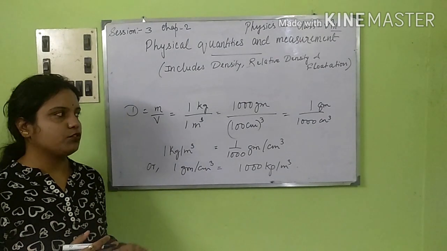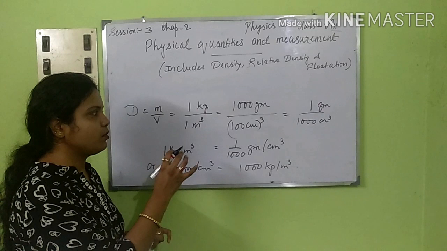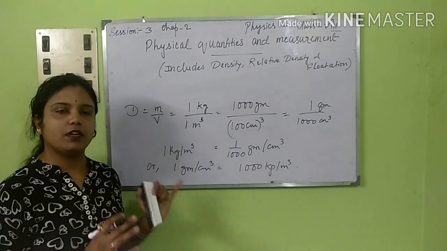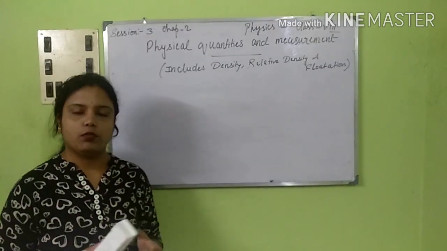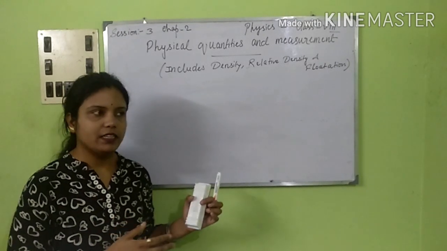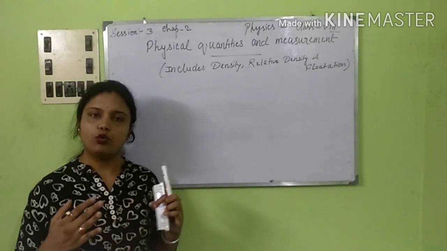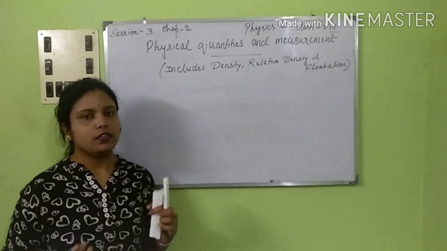Next, we are going to come to another part. We are going to discuss some of the volumes of particular solids. Now, as I said, if we know mass and we know the volume, we can find out the density.